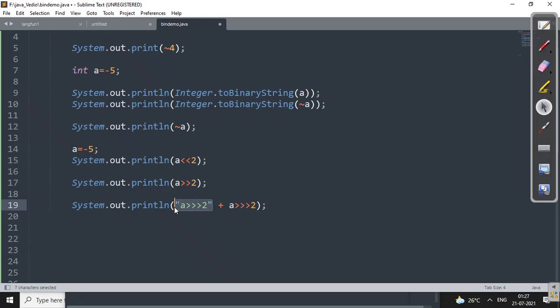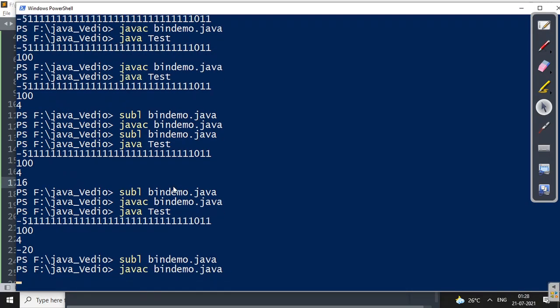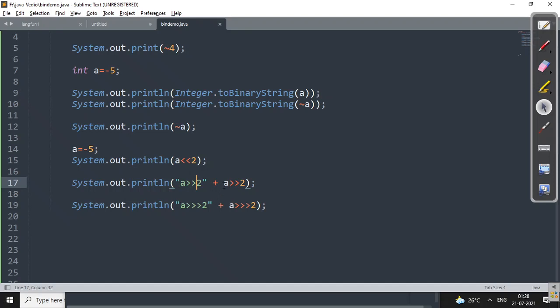Similarly, here we can write this one plus instead of double right. Let us cross check what is going to happen. My code compiles fine. No, there is a problem. Bad operand type for a binary operator. I need to write like this.